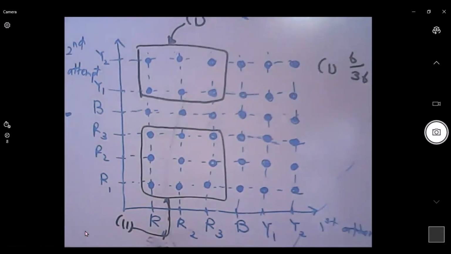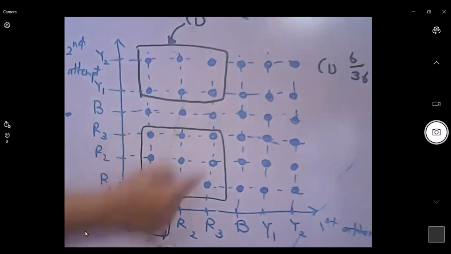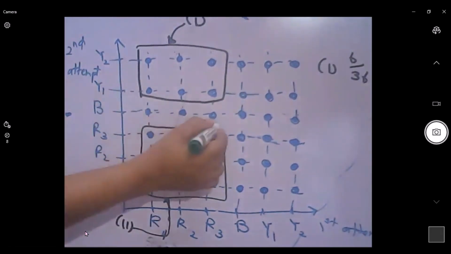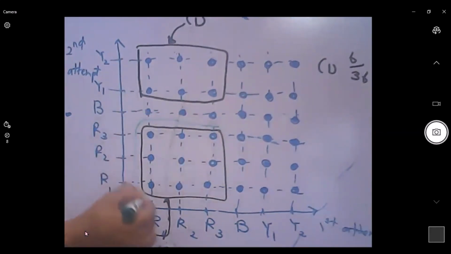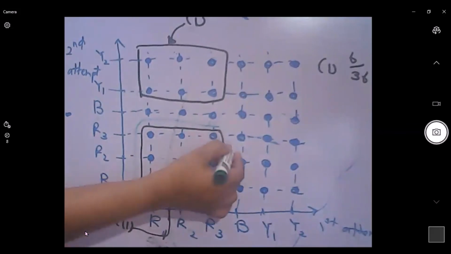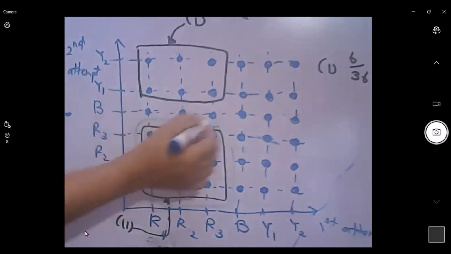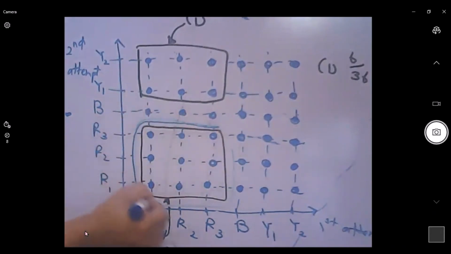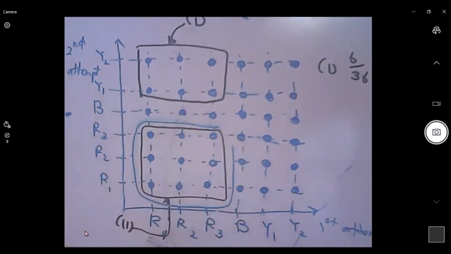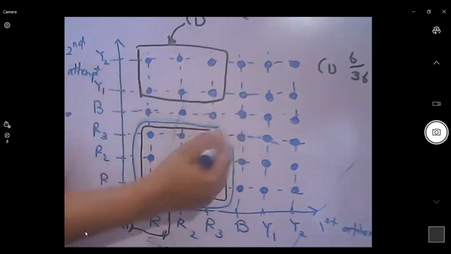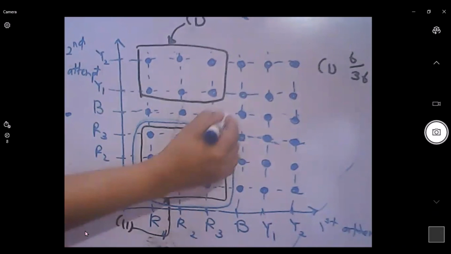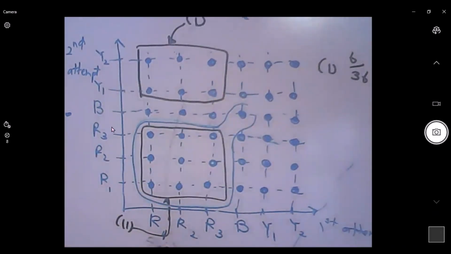Third question: both beads being the same color. Here all the beads are red, so both are red, same color. Then this event, both beads are blue.